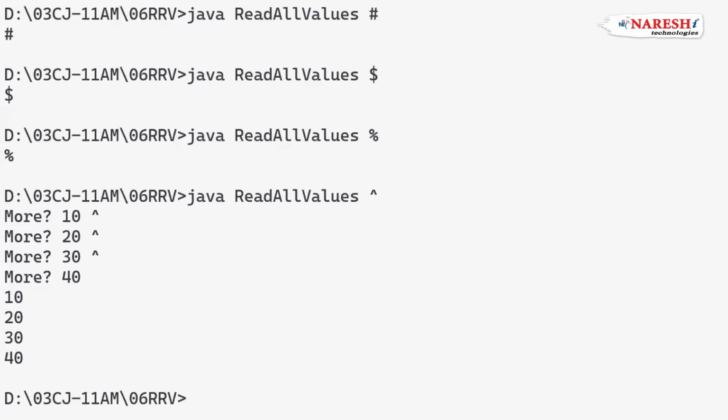Suppose 10 values. Typing 10 values with a space separator in a single line is difficult. That's why they gave another alternative. You can tell the console, I want to enter one value per line. Enter a value, press caret, then it will prompt the next line. Next caret, prompt the next line. There is a small twist here.